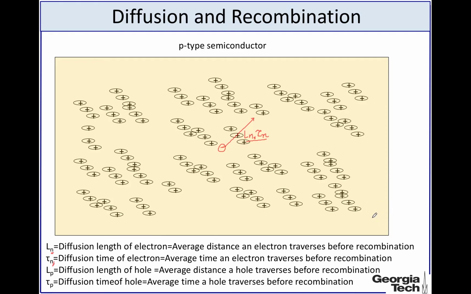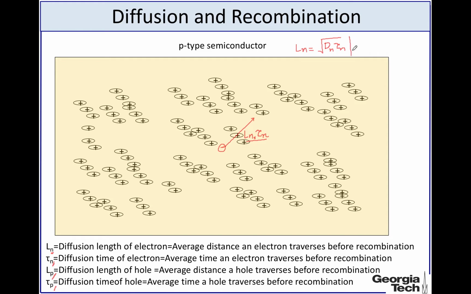Another important relationship is this: the diffusion length is related to the diffusion constant multiplied with the diffusion time. Similarly, if you have an n-type semiconductor and introduce some holes, Lp is the diffusion length for those holes, the average distance a hole traverses before recombination, and tau p is the diffusion time, the average time a hole traverses before recombination.